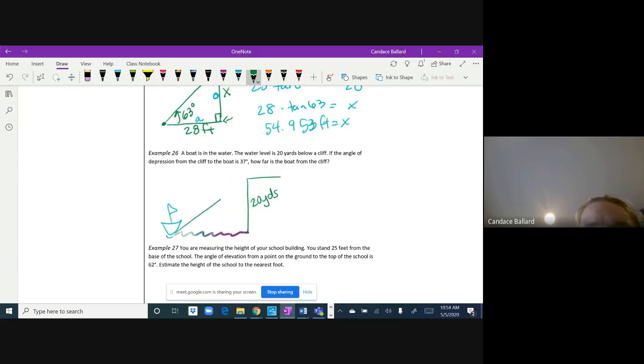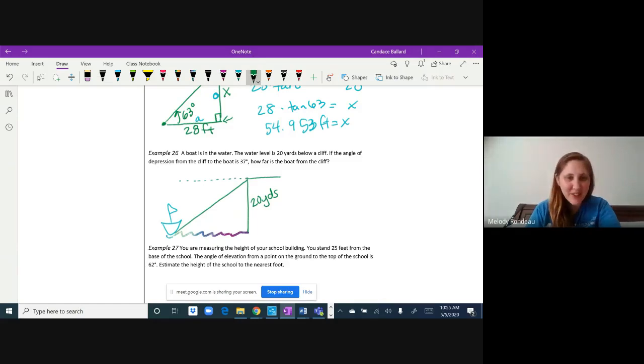I'm going to assume my boat is at my water line, or my angle is at my water line. We wouldn't be off by a whole lot, but if we were doing this in real life, we would want to make sure we knew whether we were measuring from the top of the boat or the water line. 37 degrees.